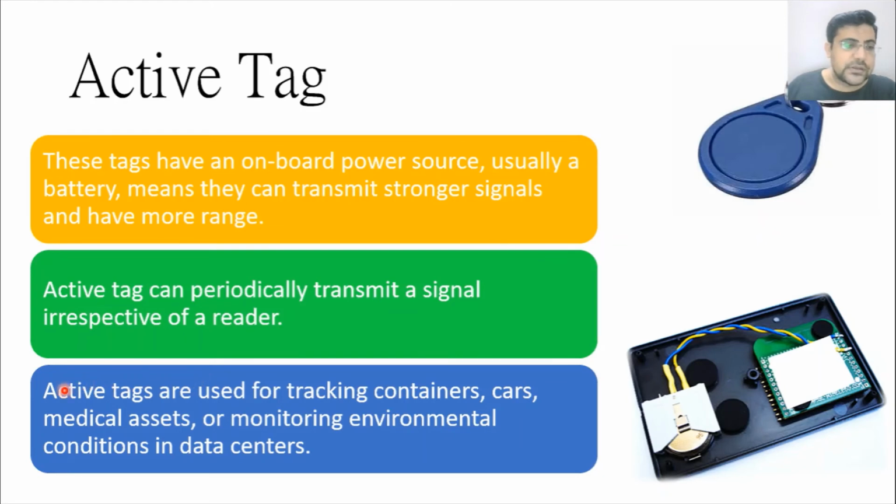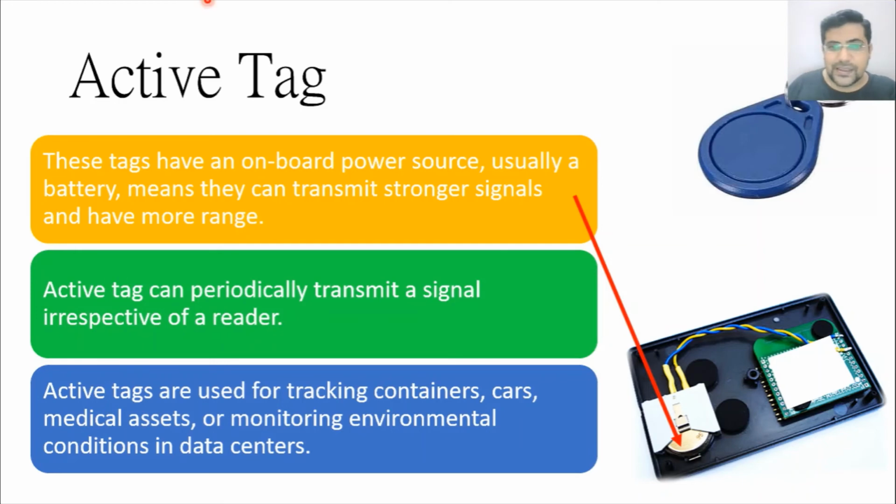This is the quality of an active tag, but they are quite expensive. Active tags are used for tracking containers, cars, medical assets, or monitoring environmental conditions in data centers. But most of the books and library items work with passive tags.